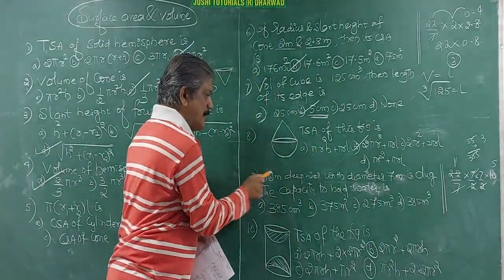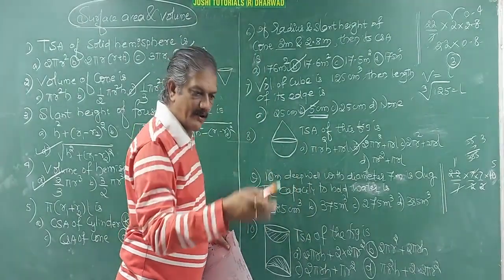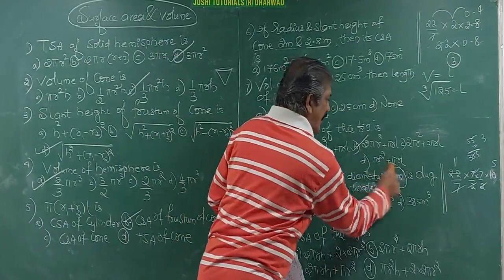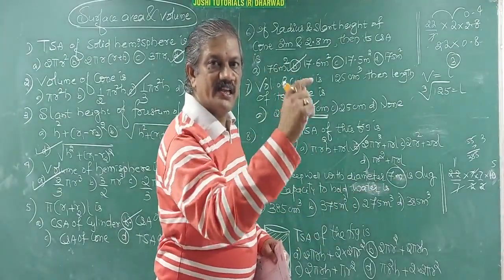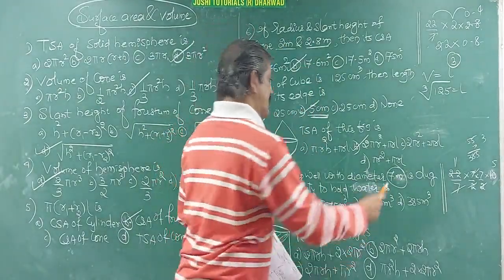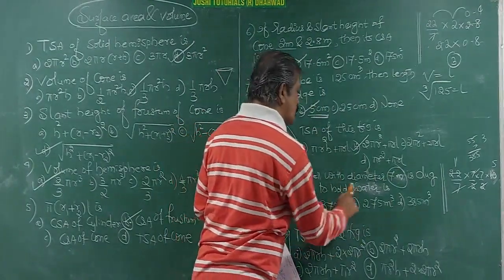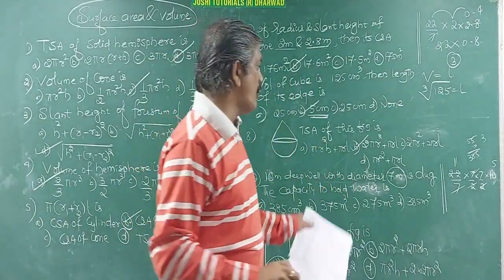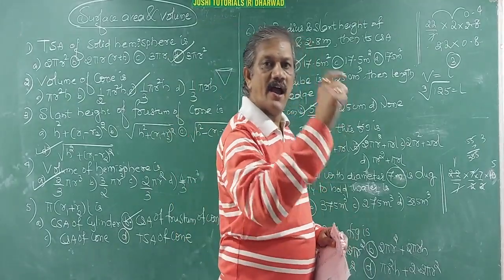Now, a 10 meter deep well, 10 meter deep height, it is called height. Diameter means radius will be half. It is dug, then capacity to hold the water. Capacity and volume both are same. Formula for that is pi r square h.